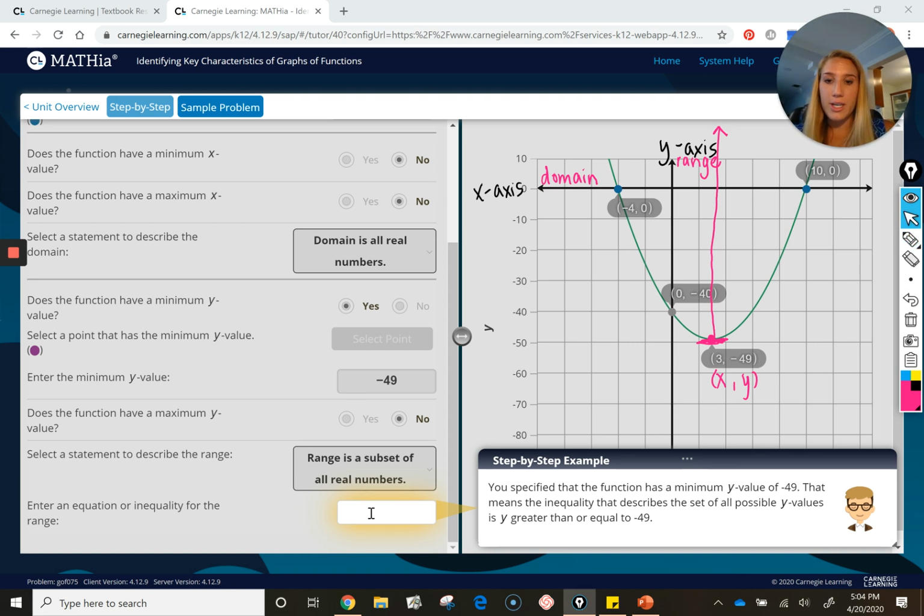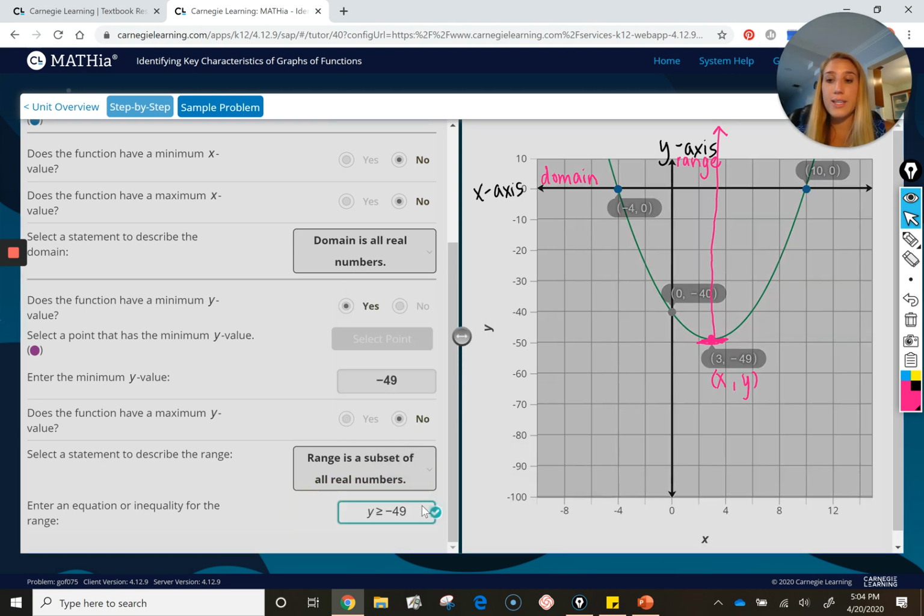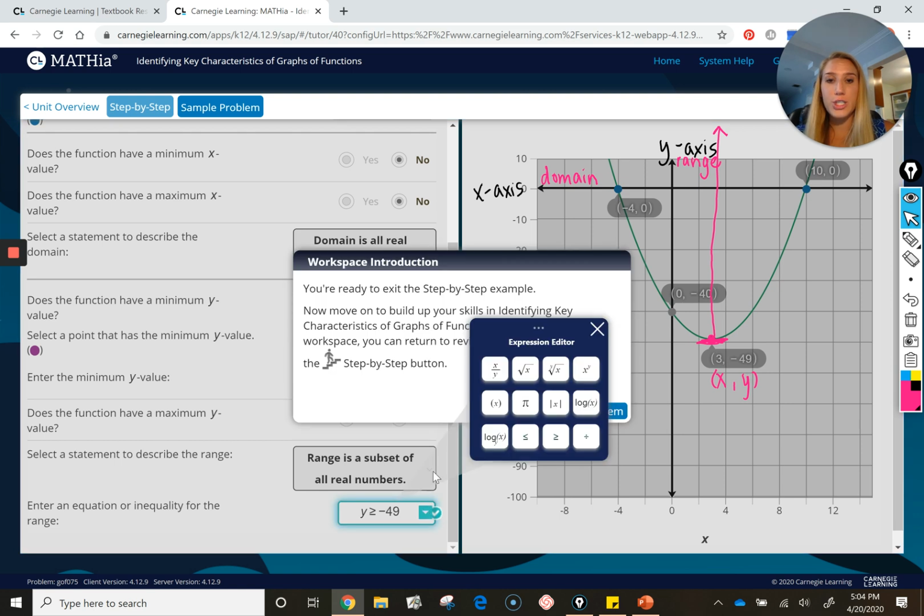So I'm going to enter y is greater than or equal to. I need to use my equation editor. Select greater than or equal to, the number negative 49. I have just defined my range.